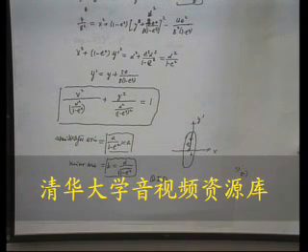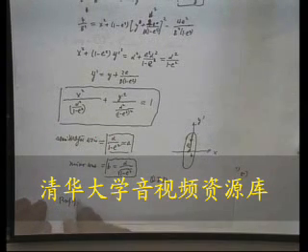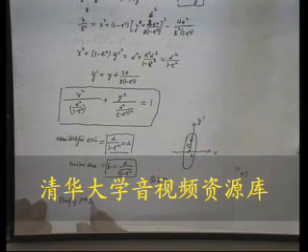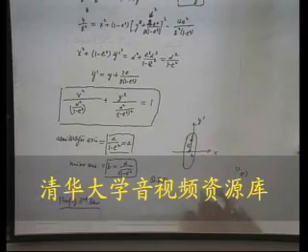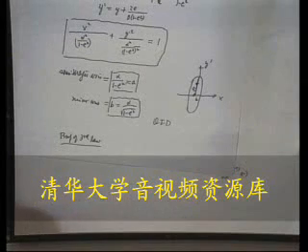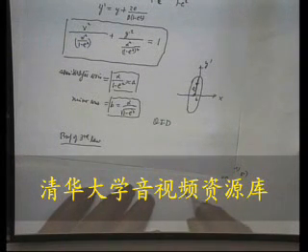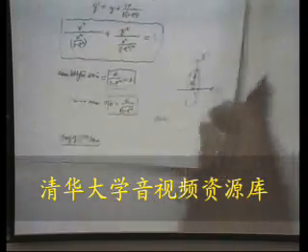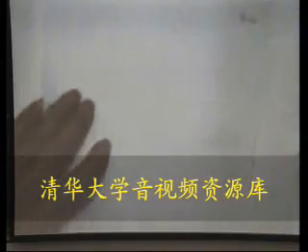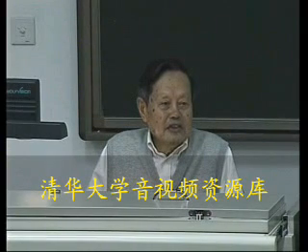OK, now there is the third proof, the proof of the third law. The third law tells you that the period has a relationship with the semi-major axis.